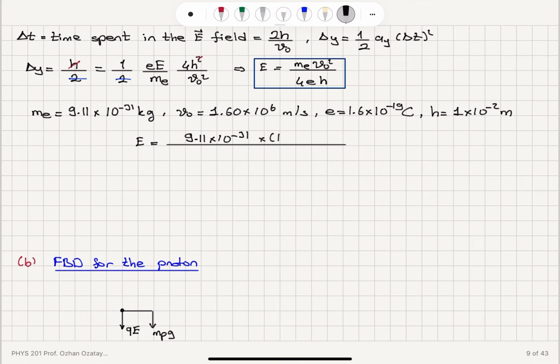Then I have v0 squared, (1.6 × 10^6) squared, over 4 times the electron charge, 1.6 × 10^-19 coulombs, times h, 1 × 10^-2 meters. This gives me an electric field of 364 newtons per coulomb.